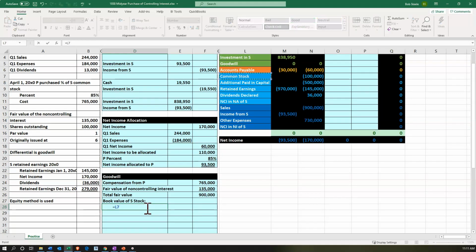So I'm going to say the common stock is here. I'm going to copy that and paste it down. We've got the additional paid in capital and retained earnings. So I'm going to be saying negative of the 100,000, negative of the 500,000, negative of the 145,000.